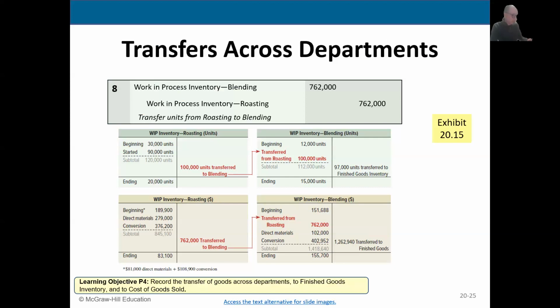And of course, the way to do that is through adjusting entry, debit work in process blending, credit work in process roasting. This transfers out the completed units. And you'll notice what's going on with the T account below, what that transfer looks like. A nice visual representation.